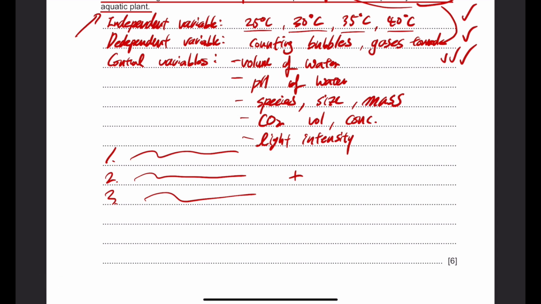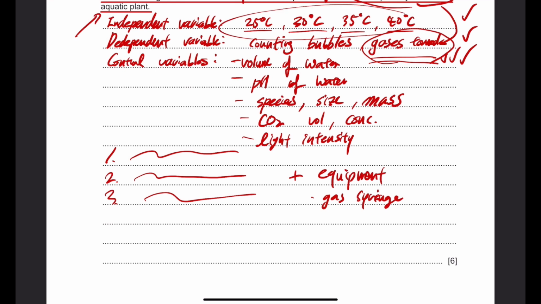If you're measuring the gases, then you have to use a syringe, like a gas syringe. And of course, you're handling the temperature. You're changing the temperature, so you'll have to use the machine.